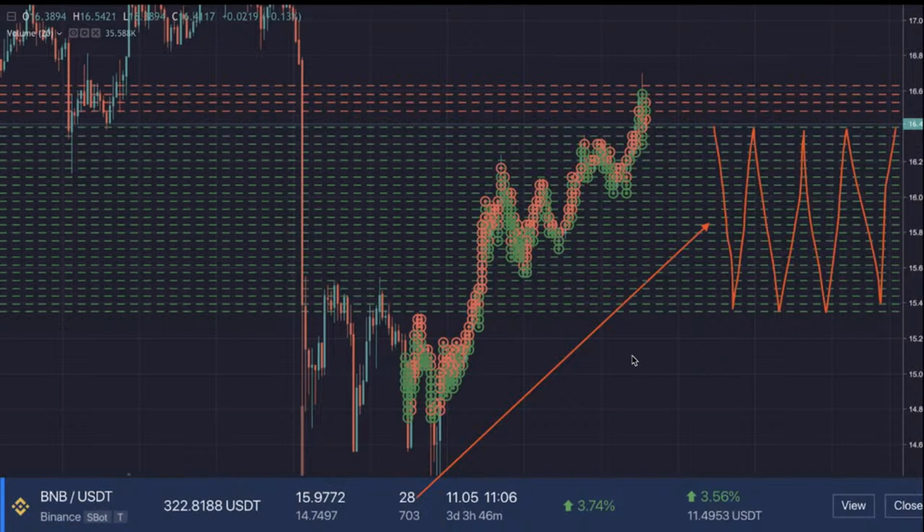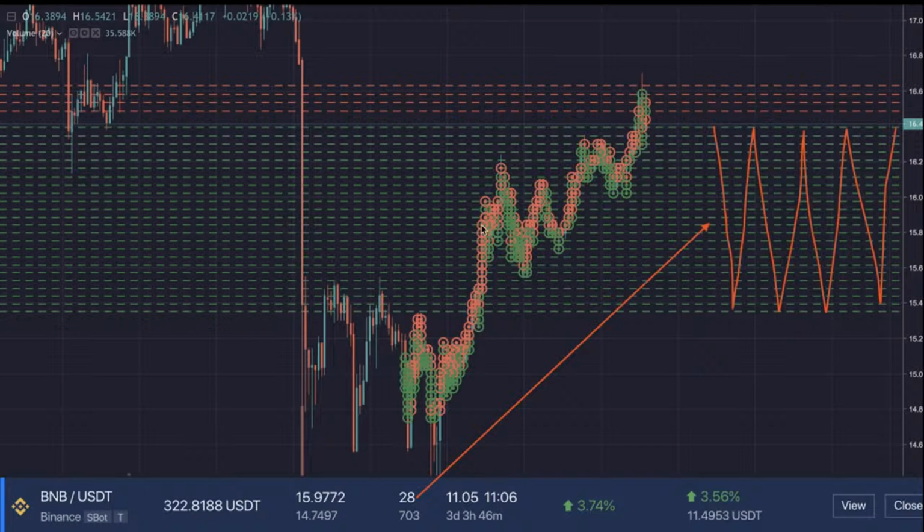So here's BNB trading to USDT, and as I said, I had 28 grid levels. You see that the price started to move upwards in the direction as I predicted, and the problem here is that I got stuck with many buy limit orders below the price action, which was happening here.